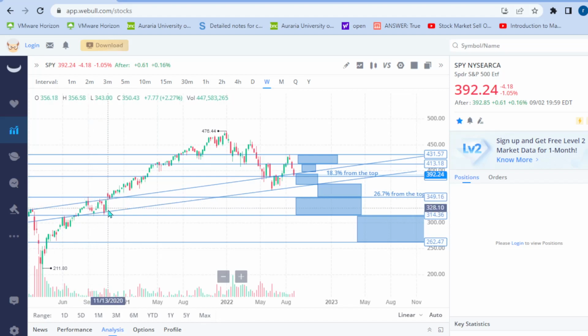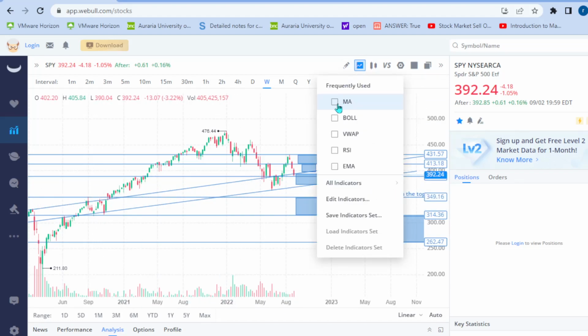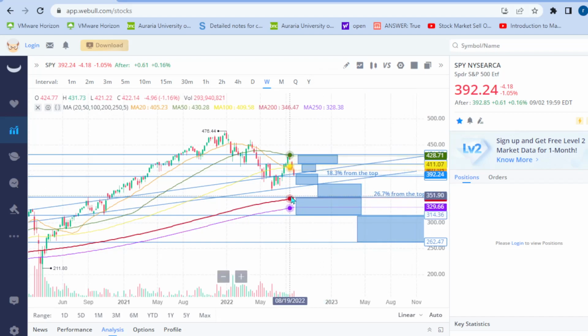So here we saw this chop, and then we saw this massive rally. So I do believe if we break underneath that 200 weekly moving average, let me introduce it again. So if we break underneath this red line, I believe we could be moving within this 350 to 314 zone. So that's coinciding with this price action right here.